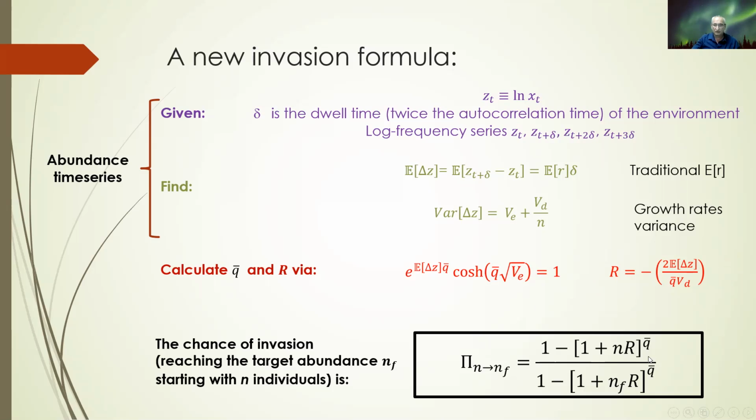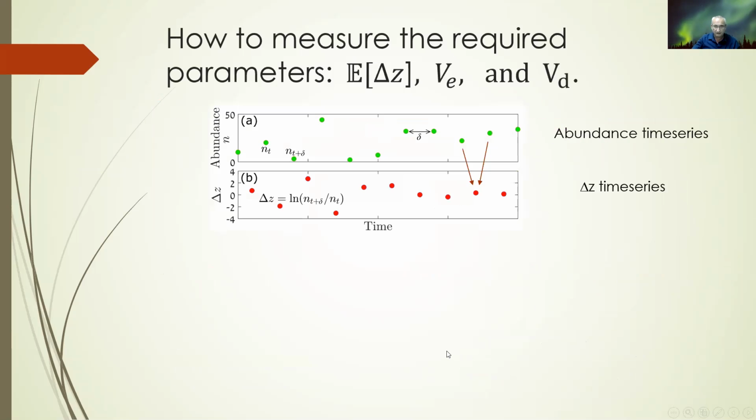And Q and R have to be plugged here in this formula, and this is our invasion formula. So this is the formula that gives the chance of n individuals to grow in abundance and to reach some target abundance NF before going extinct. Okay, so this is our main formula.